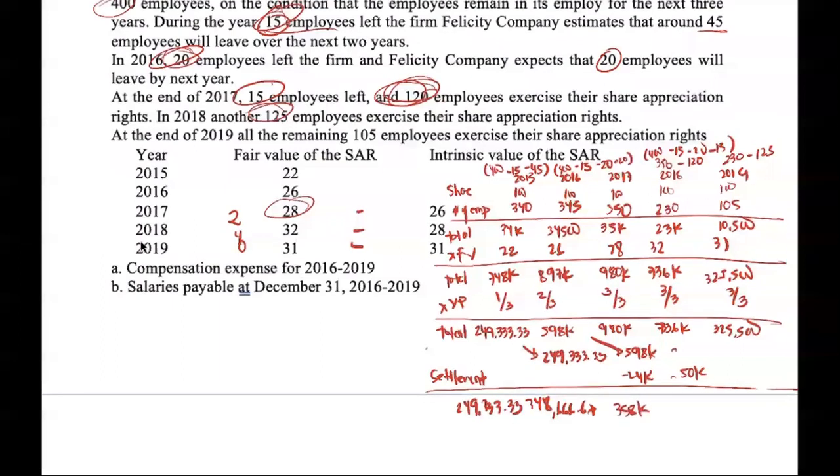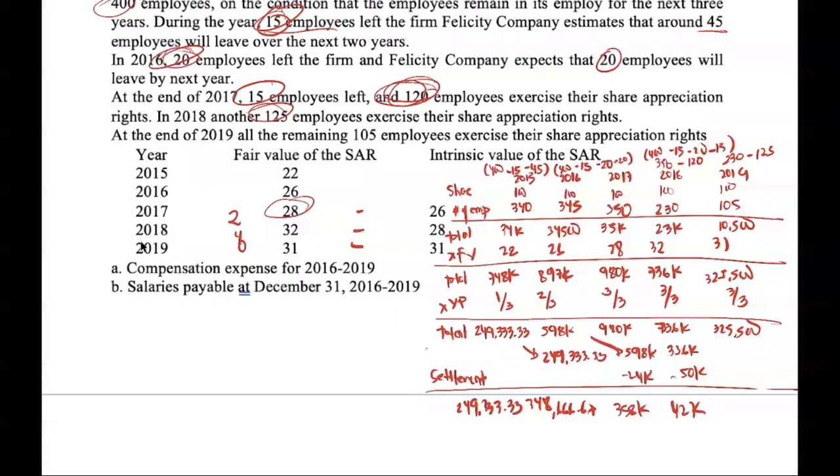So 358. Next, we have 736,000 less the settled of 336 less 358,000. We have 42,000.